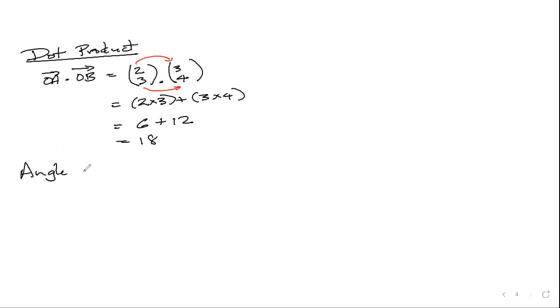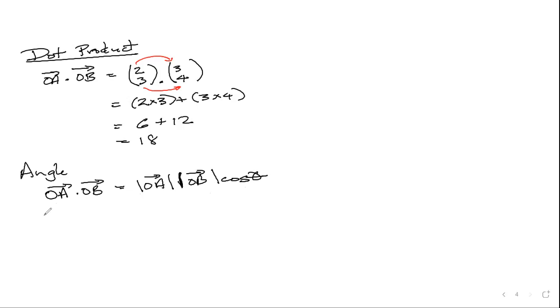So the angle now is that we have a rule that says if we take the dot product, it's going to be equal to the length of A times the length of B times the cosine of the angle theta.